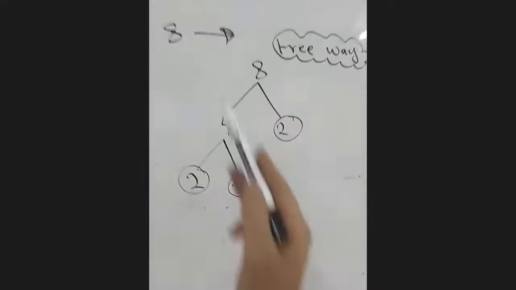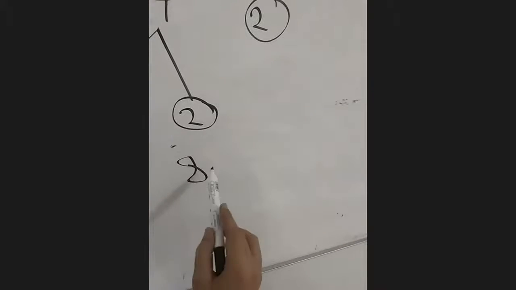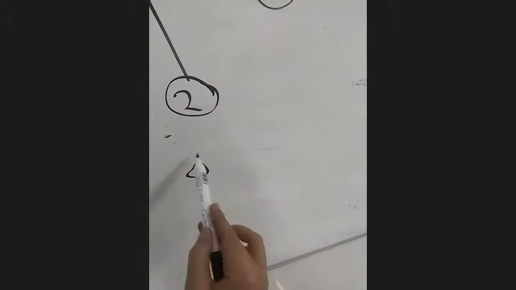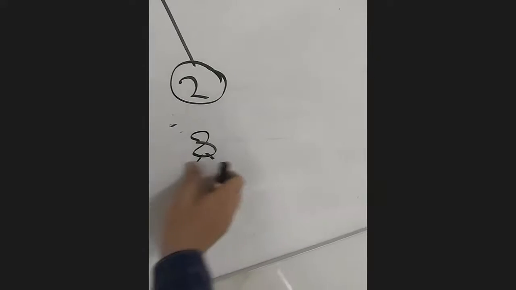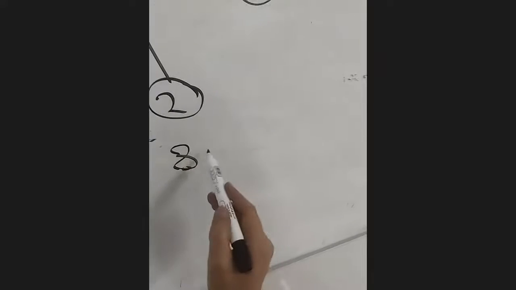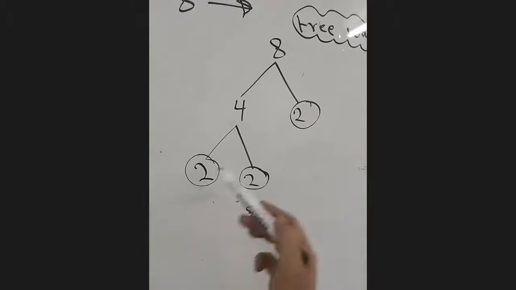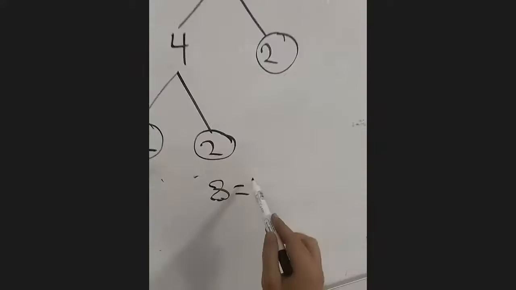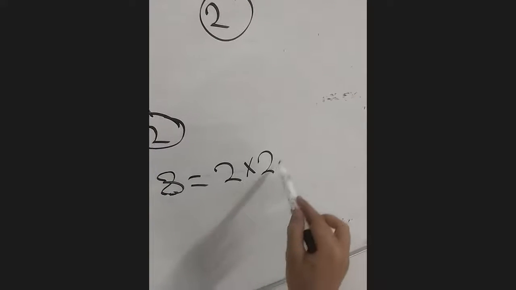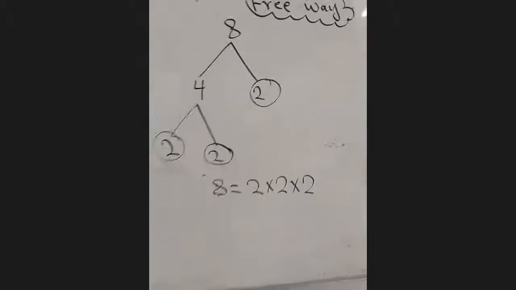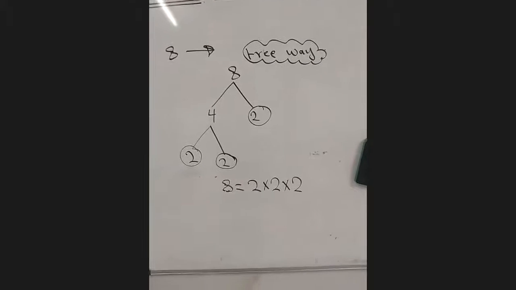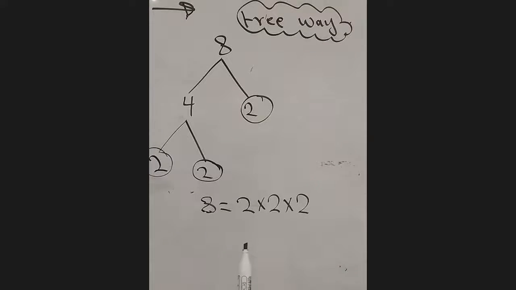The 8 can be factorized like this. Look here, guys. 8 equals, look at the board, the numbers in the circles: 2 and 2 and 2. 2 multiply 2 multiply 2. Now, Faisal, are you with me?